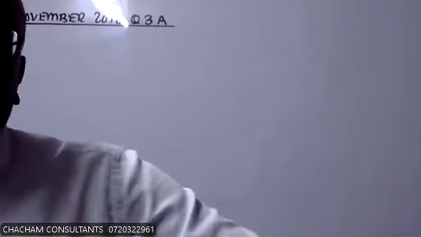Okay, I hope you are there. The question says the management of Georgina Limited wishes to establish the amount of external financial needs for the year ending 1st of December 2016. Remember, we said forecasting is about determining the financial requirements.